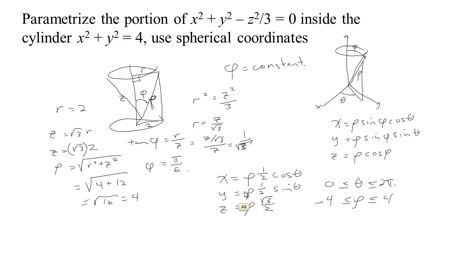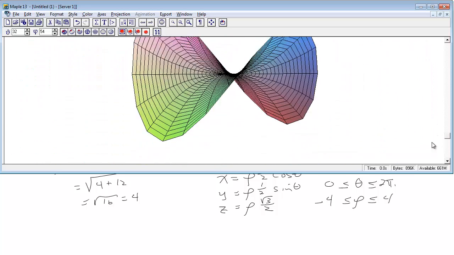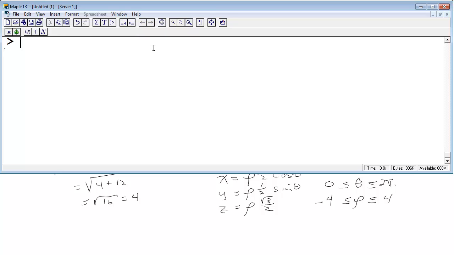Let's put that parametrization into Maple and see what we get. So let's make some space down here. We want to do plot3d, and our equations are rho times cosine theta, I want half of that, and rho times the sine of theta, I want half of that.